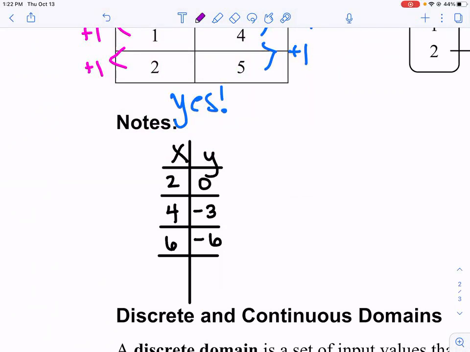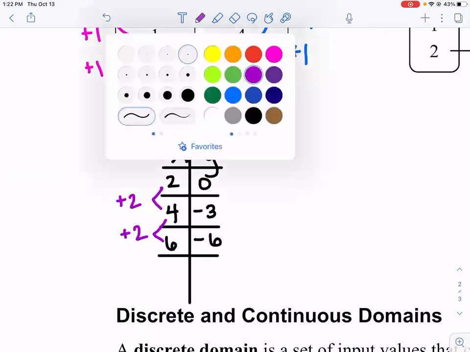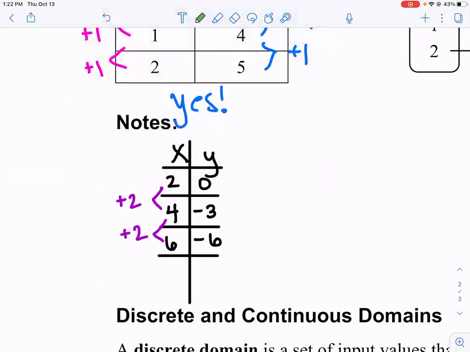So let's look at our x's. From 2 to 4 would be up 2. From 4 to 6 would be up 2. Is that constant? We have the same rate for the x's. Now the y's: from 0 to -3 is down 3. From -3 to -6 is down 3.